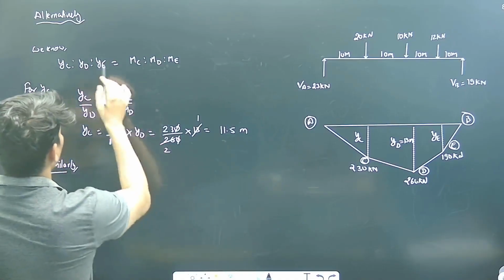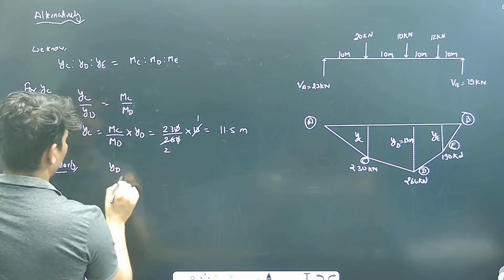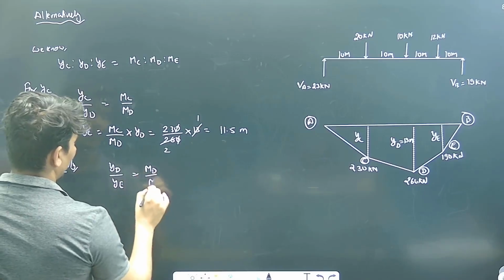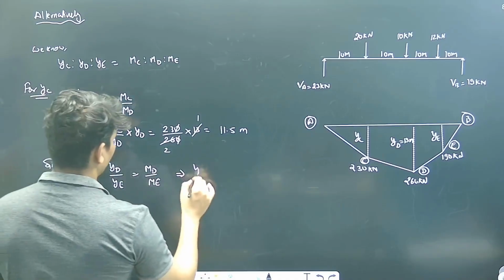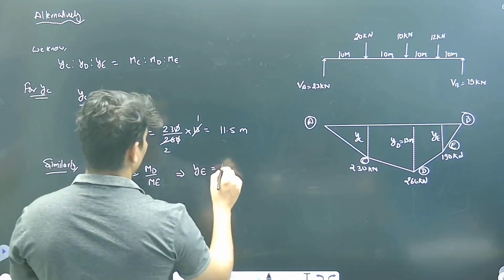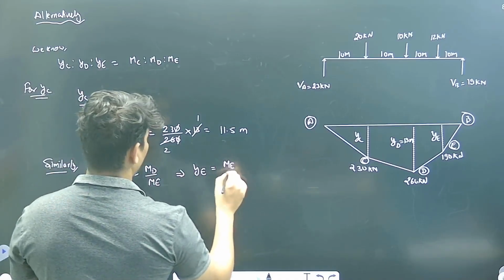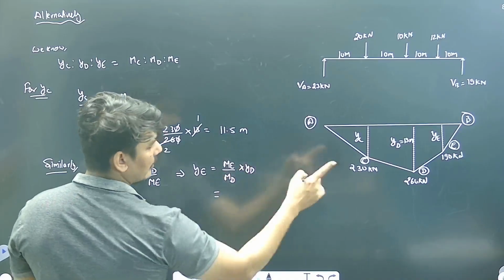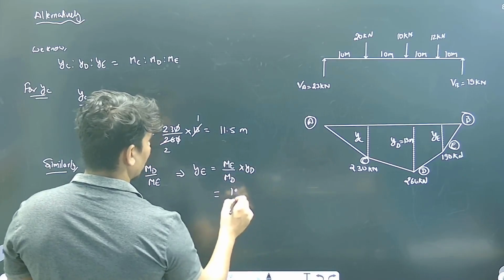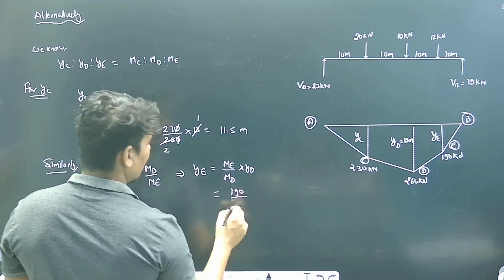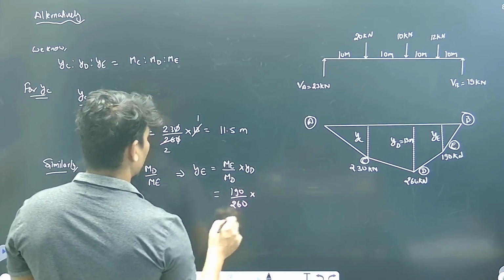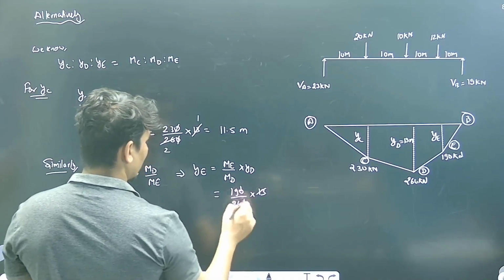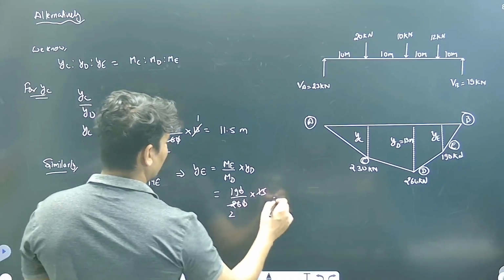Similarly, we can write for YE: YD by YE ratio must be equal to MD by ME ratio. Therefore, YE can be calculated as ME upon MD into YD. That is, ME is 190 by MD is 260 into YD, which is 13. 13 ones are 13, zero cancels zero, 2 times 13 is 26, so 19 by 2.